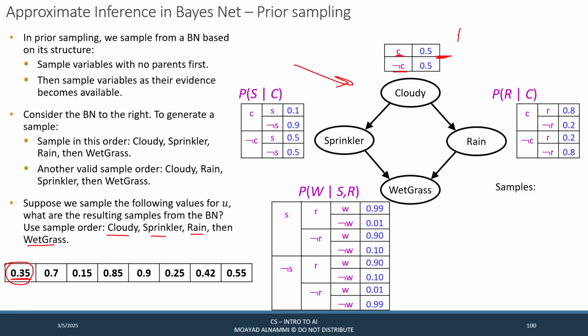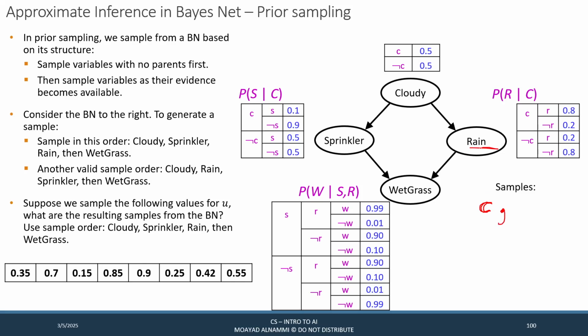I use the real number line from 0 to 1. From 0 to 0.5, cloudy is true, and from 0.5 to 1, cloudy is false. I got 0.35, which falls in this range here, and so for the first variable, C, I sample true.